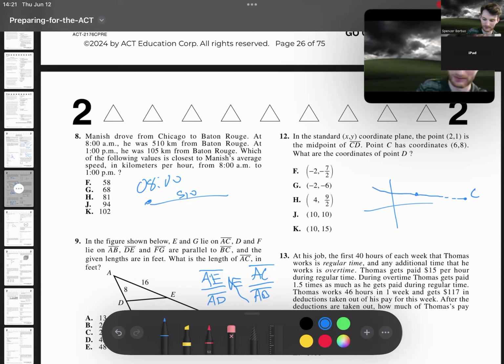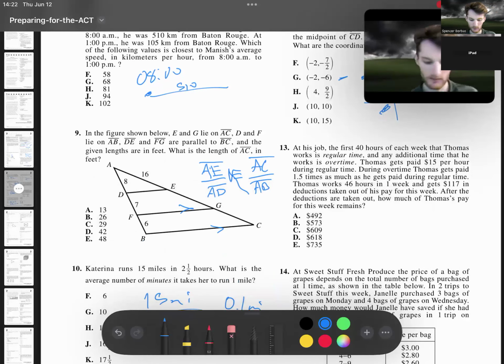Oh, that is such a bad thing that I drew. 2, 1, 6. I bet it's in this quadrant. All right, I'll just put G for now and put a question mark so that I come back to that.